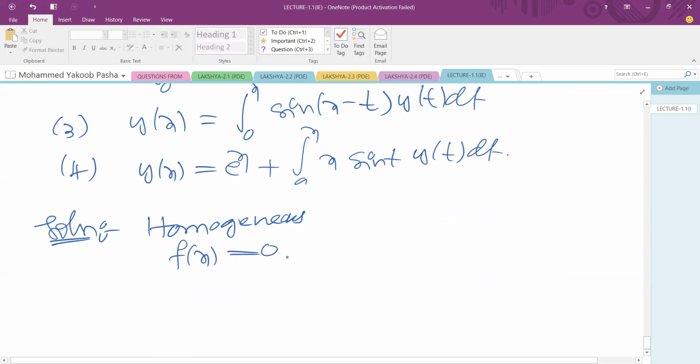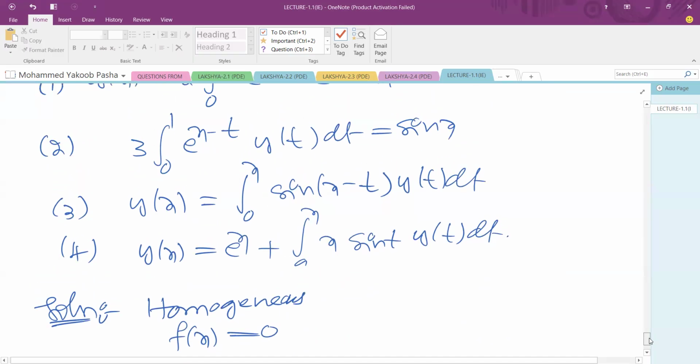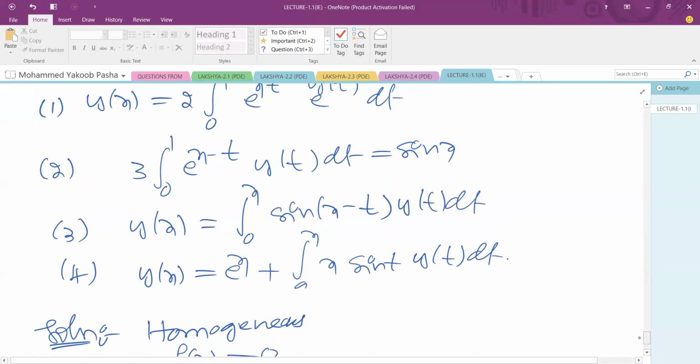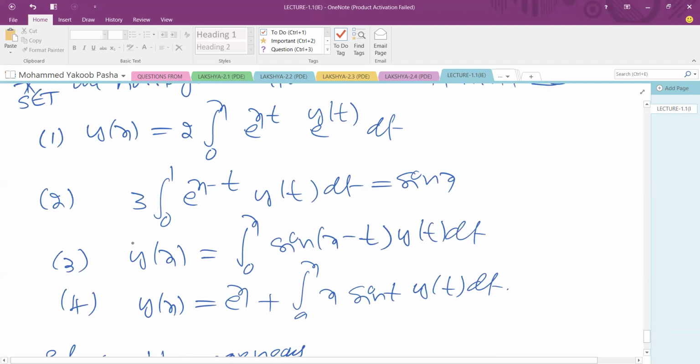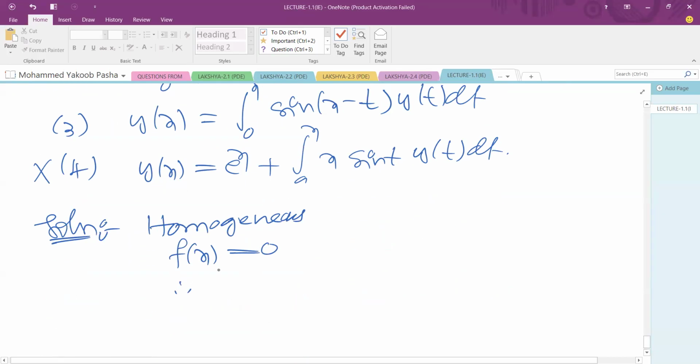When f of x is 0, what is the wrong option among the four options? The fourth option is wrong. It contains f of x equal to e to the power of x. Therefore, the fourth option is wrong.